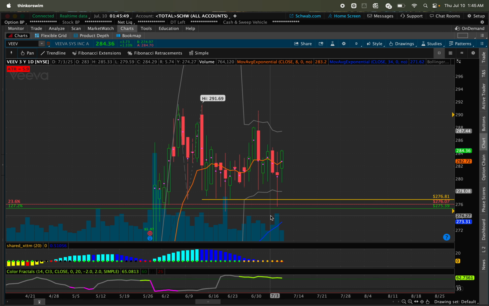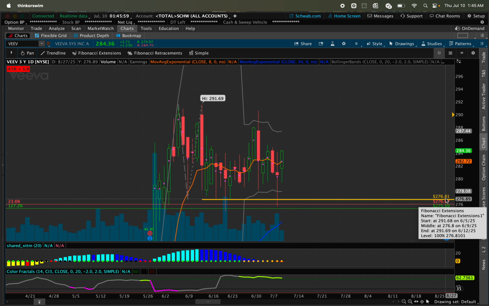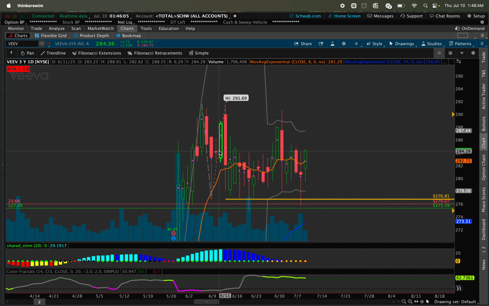Because the pullback was symmetrical, basically. Almost, anyways. Anyway, so I have this support zone here from 275.39 to 276.81, okay? About $1.50. And what I want to find is that this level holds and that the price starts to move higher, basically, okay?